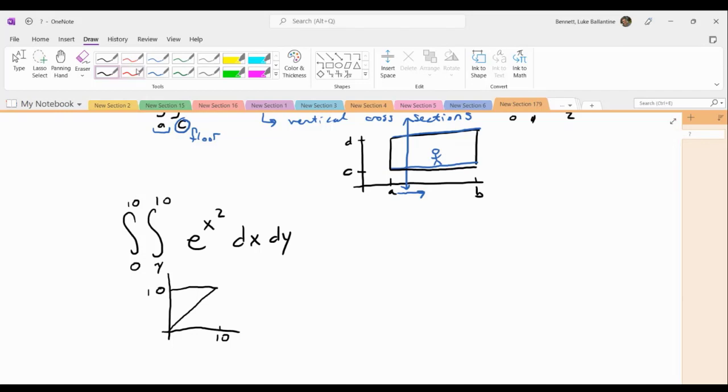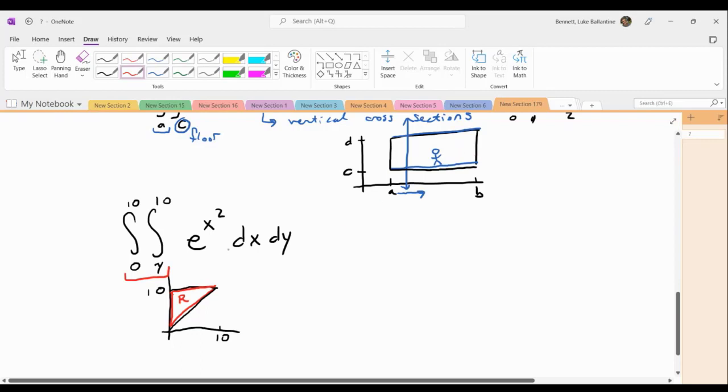It's just this triangle that this information encodes, this region R. So this is what we're integrating over. Now it's a triangle. It's a little bit more complicated than a rectangle.